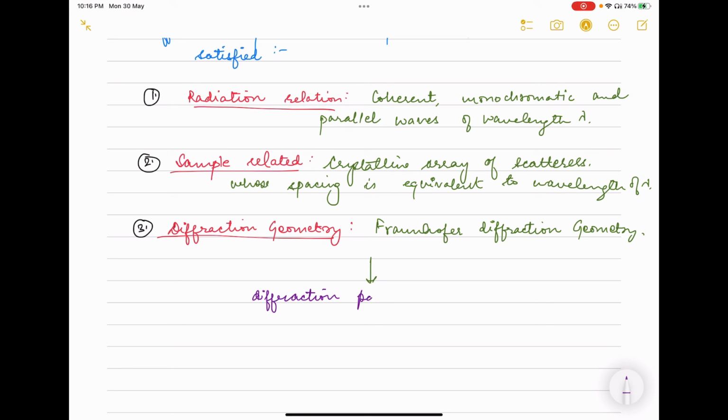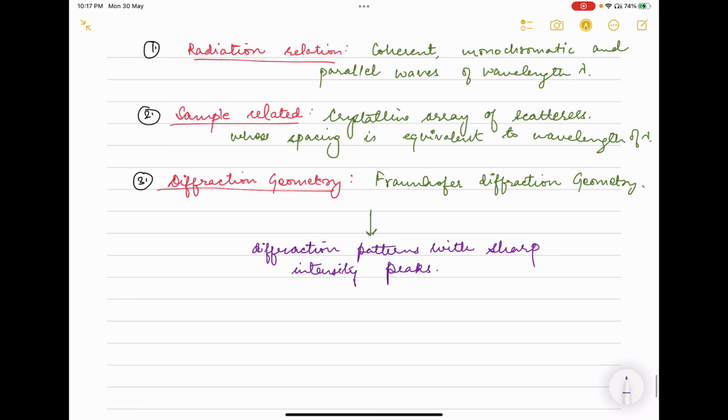All these result in diffraction patterns with sharp intensity peaks. Now, we have already seen that the waves can be electromagnetic, matter waves, sound waves, water waves, etc. Now, what is Fraunhofer diffraction geometry, which we have mentioned here?